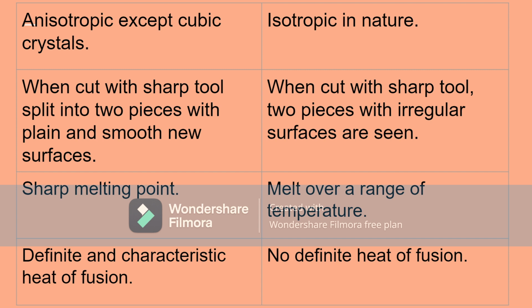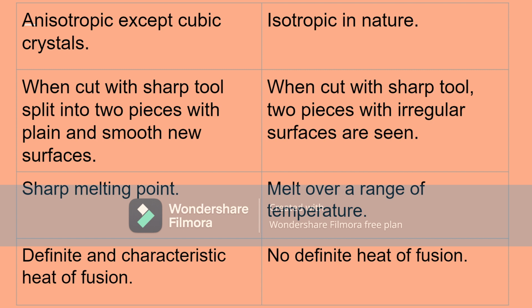Next, definite and characteristic heat of fusion. Crystalline solids have a definite and characteristic heat of fusion, but amorphous solids have no definite characteristic heat of fusion. Heat of fusion is the quantity of heat necessary to change 1 gram of a solid to a liquid with no temperature change.